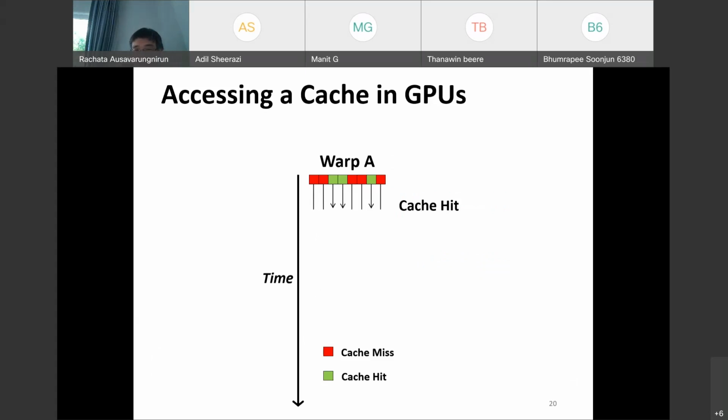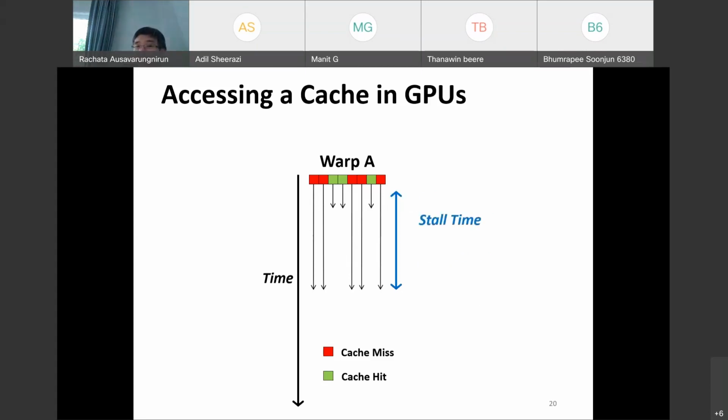Or I still don't have the data for the rest of it, right? So can I go to the next instruction? No, because you need everything to finish. So you're going to have to wait until everything got its data, right? So the stall time of warp A is that long.